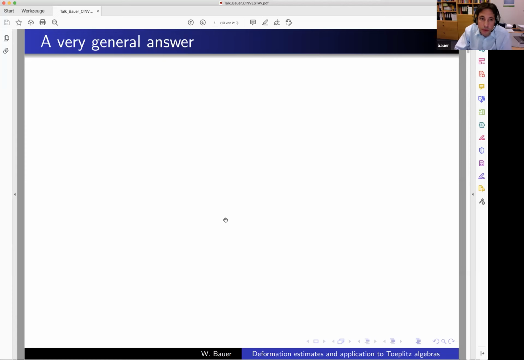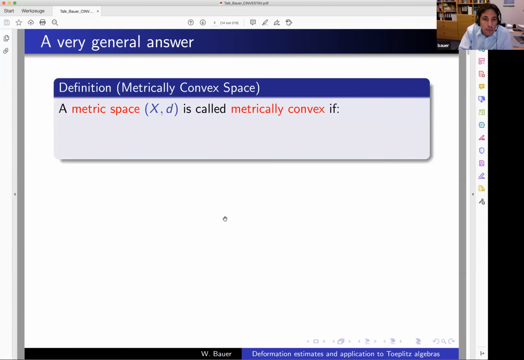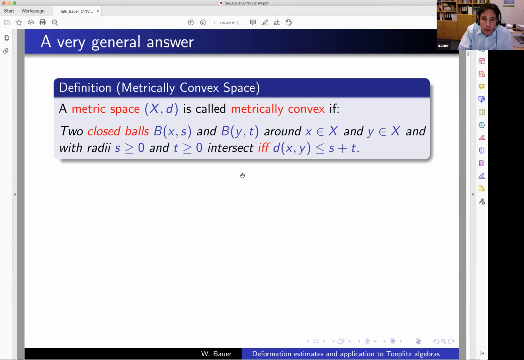Here we're working on Cn, but you can ask this question, of course, in a much more abstract setting. So think about a metric space X with a metric d, and then we call this metrically convex if the following condition is true. If you take two balls, B(x,s), where x is the center of the ball and s means the radius with respect to the metric, around x and y, these are two points in X. Then the condition is that they intersect if and only if the distance between the centers of these balls is smaller or equal to s plus t, the sum of the radii.